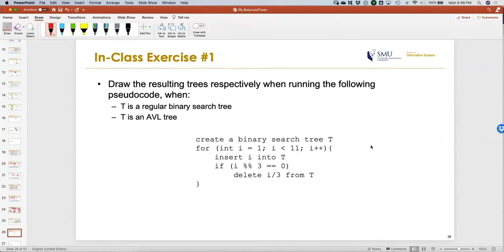Okay, so now this part of it, I think if you spend a little bit of time trying this out in a hands-on way, you're going to get much more familiar with the concepts that we are describing as part of this AVL tree. So what I'm going to suggest is that for the next 15 minutes or so, try it out by hand. Try this in-class exercise by yourself.